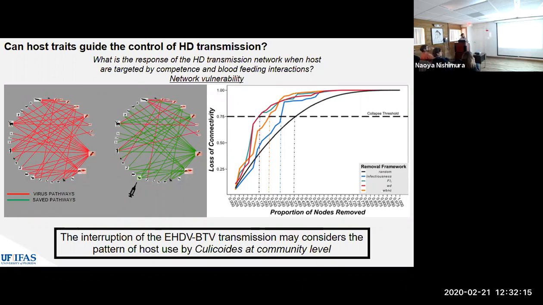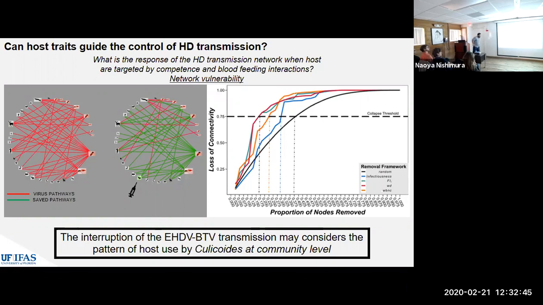When we are talking about the network, it's easy to understand that we have two communities, a community of hosts and a community of vectors, or Culicoides in this case, that are connected through links, and the links are the blood meals. So when we have two communities that are interacting, networks are pretty cool tools to try to understand those complex interactions.